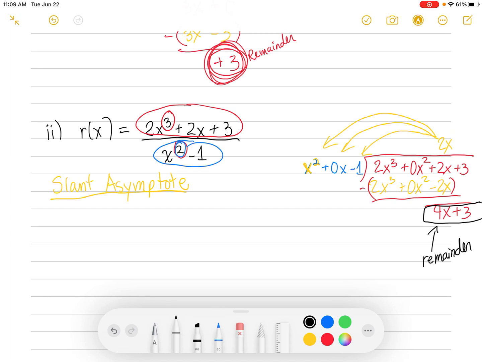The reason why it's my remainder is because look at the power on the 4x plus 3. The largest power is a power of 1. That power is smaller than what we're dividing by, the x squared power. Okay, so I'm done my long division.